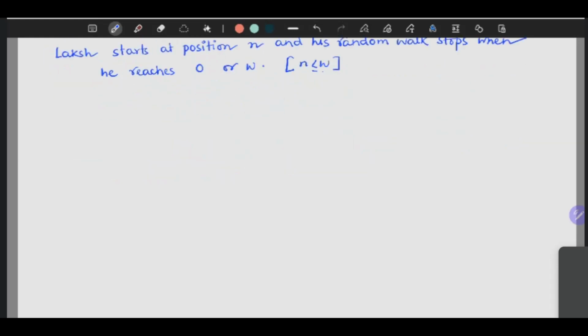Okay, so there are three possibilities. First, he can fall off the cliff of doom. Second, he can fall into the pit of disaster.